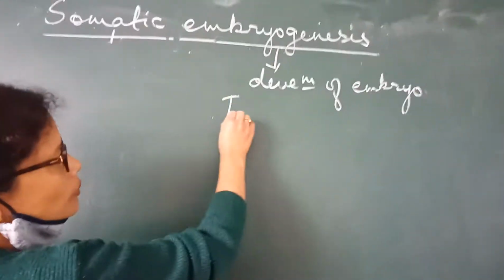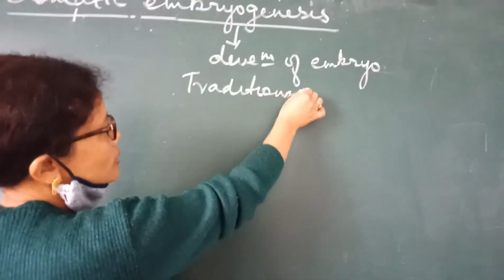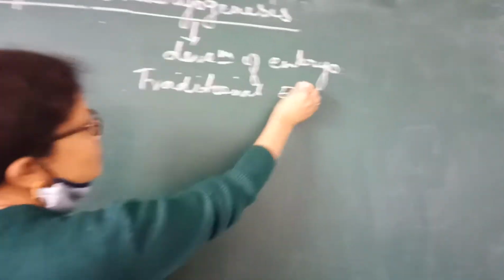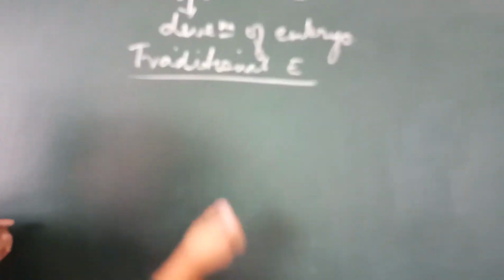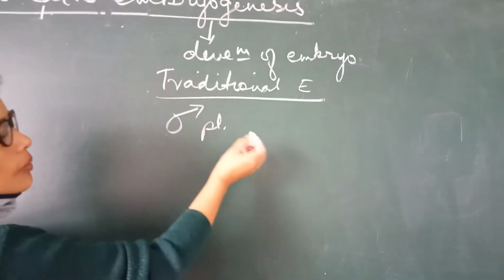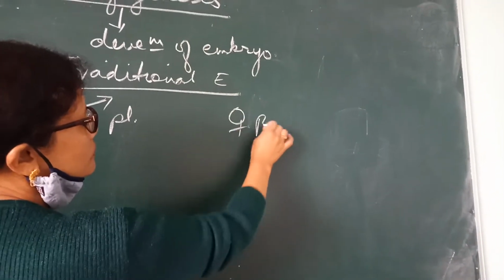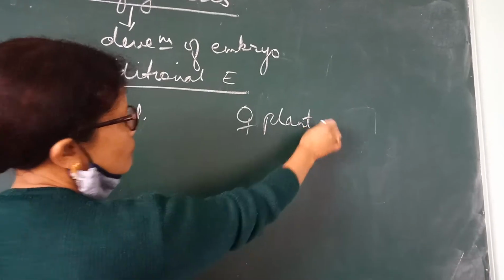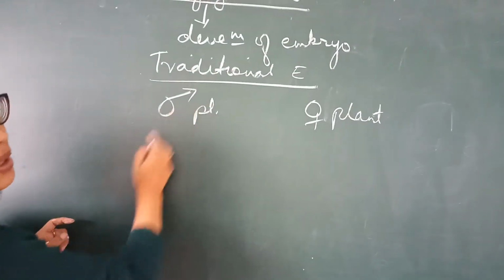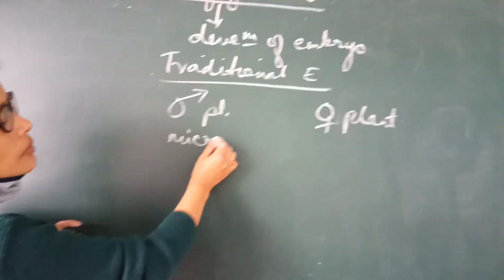Okay. Now, when we look at traditional embryogenesis, then you need a male plant, alright, you need a female plant. The male plant can be in the form of microspores.